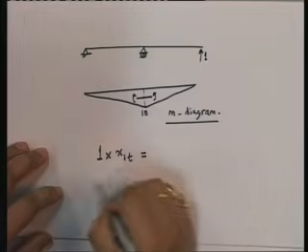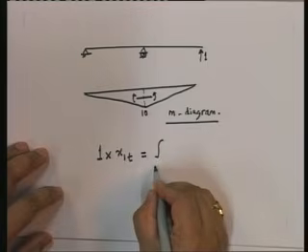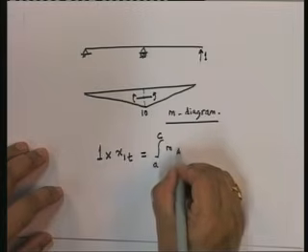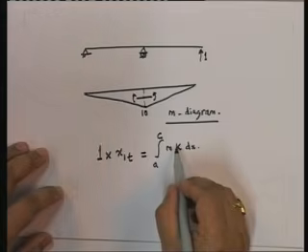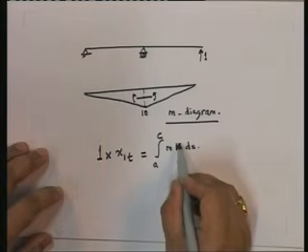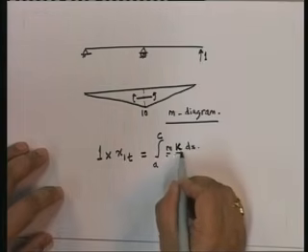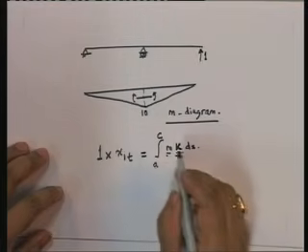External virtual work is equal to this, and the internal virtual work is going to be over from A to C, small m into kappa dx. Remember, this m upon EI is nothing but the real flexural deformation, and this is the virtual moment, integrated over the entire length.